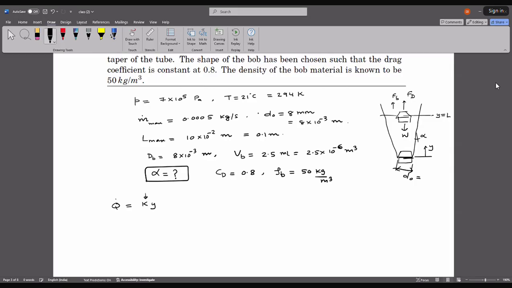And this constant of proportionality K is expressed as follows: 2 into BV into G over the coefficient CD into SB into density of the bob minus density of the fluid divided by density of the fluid into pi d tan alpha.